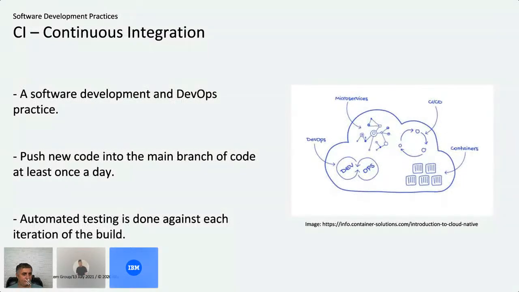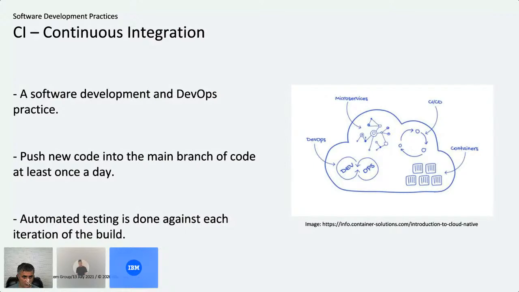Firstly, what I want to talk about here is continuous integration. It is a software development and DevOps practice. It allows us to work in teams where the developers are able to push code into the main branch at least once a day.